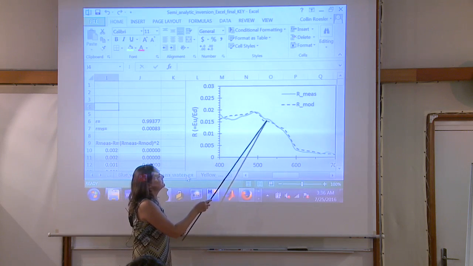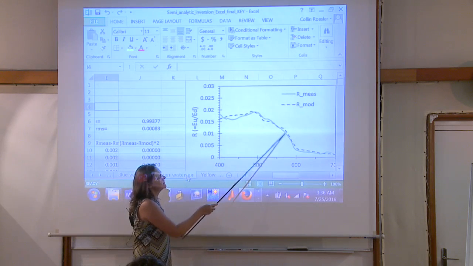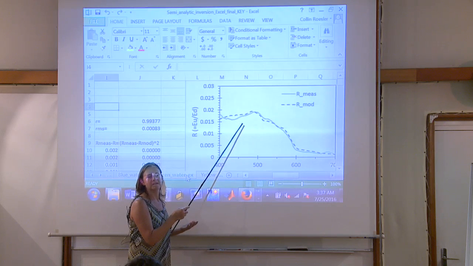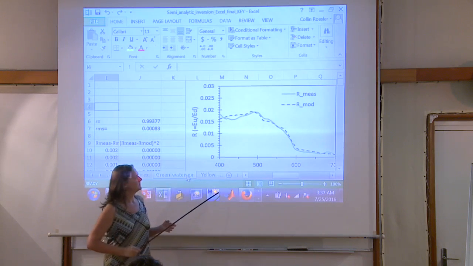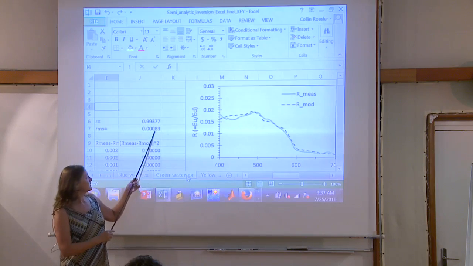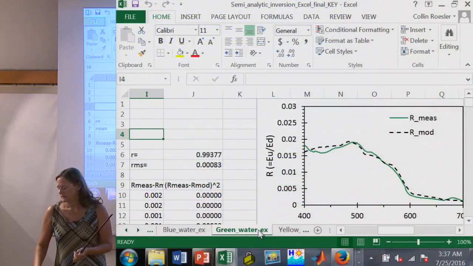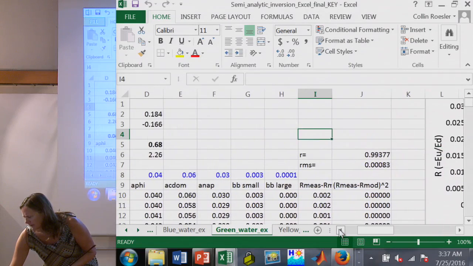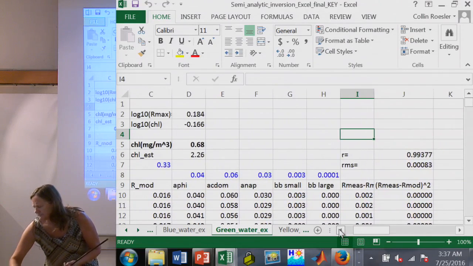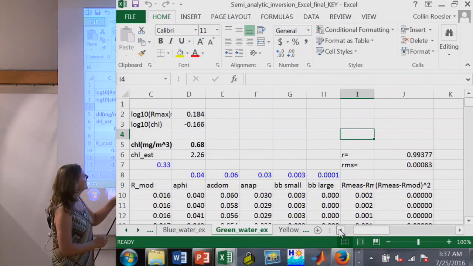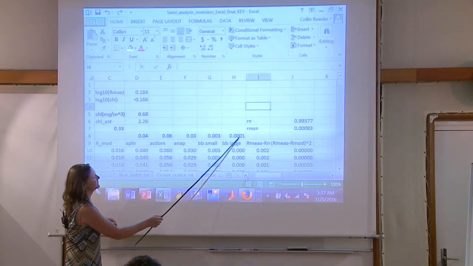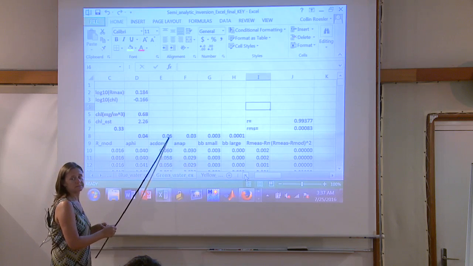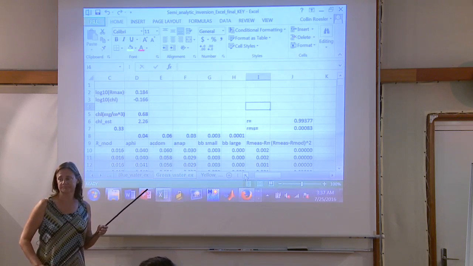And then maybe it has a little too much absorption here, but you can begin to, again, use that residual to tell you something about a difference in your phytoplankton spectra. And so the RMS error is pretty low on this one. And in this case, I had some large particles, some small particles. Now I had a bit more CDOM and some phytoplankton absorption.